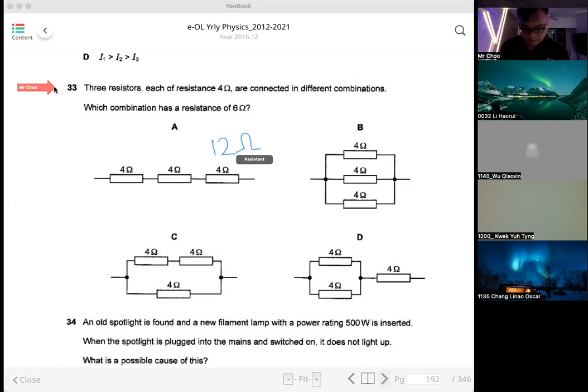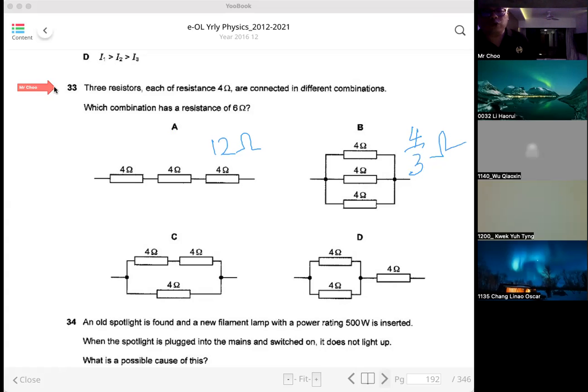This will give you a combined resistance of 12. How about the rest of you? Okay, this will give you a resistance of 4/3 ohm.